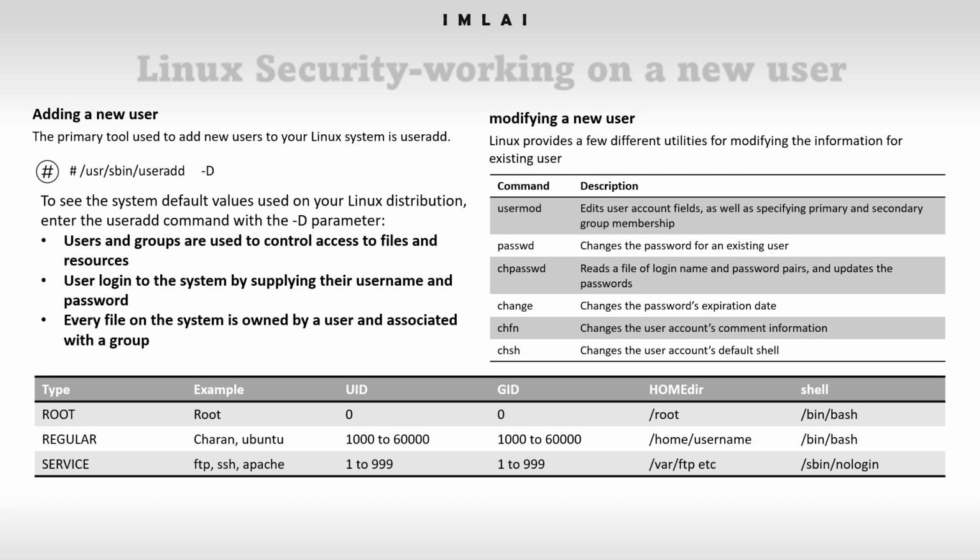Then passwd, we use this to change the password for an existing user, and chpasswd reads a file of login name and password pairs and updates the passwords, and changes the password's expiration date. chfn changes the user account's comment information.